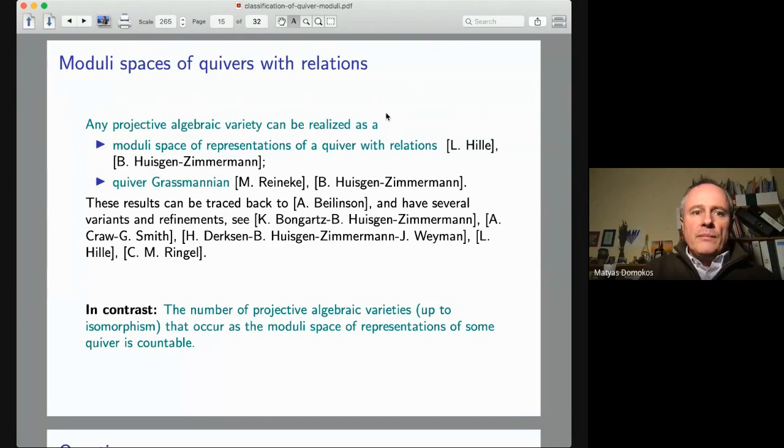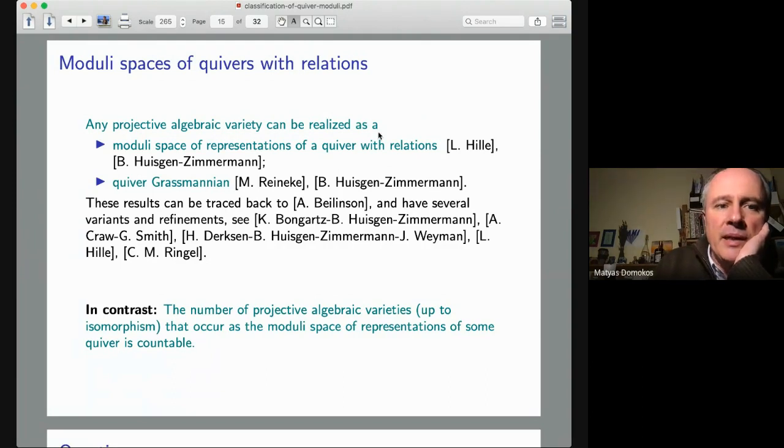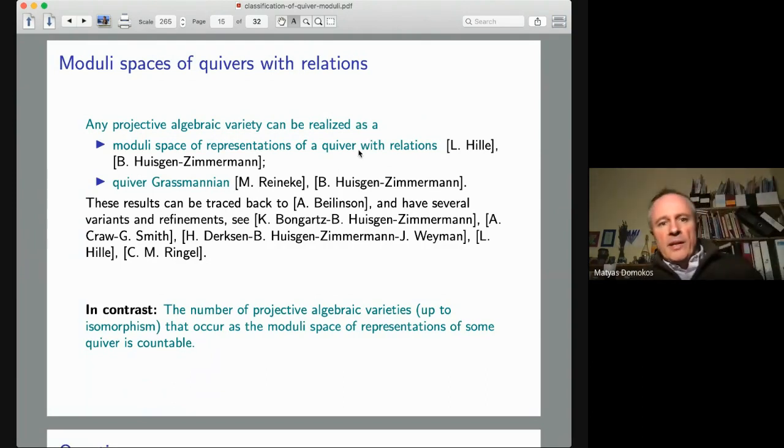And in that case, it turns out that all projective algebraic varieties can be realized by this construction. So any projective algebraic variety is isomorphic to a moduli space of representations of a quiver with relations. This was proved by Hille, Hisgen, Zimmermann.